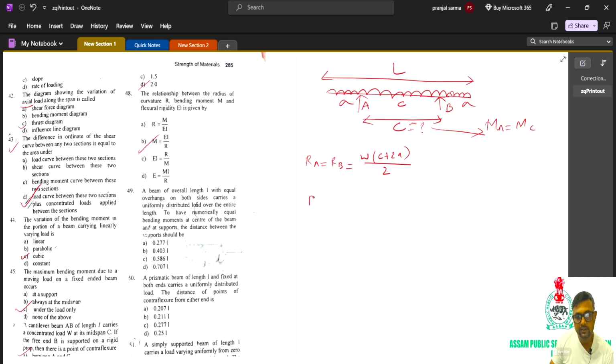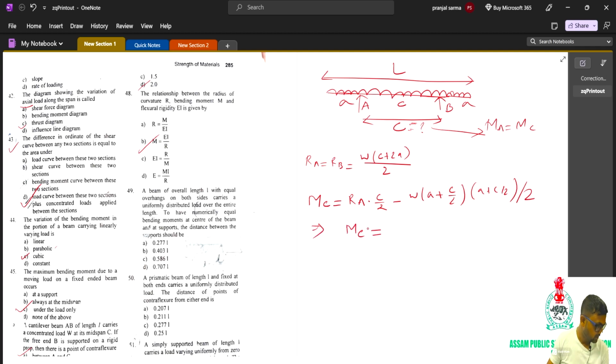Now, what is the value of MC? Moment at C: RA into C by 2 minus W into (A plus C by 2) into (A plus C by 2) by 2. Solving this, you get MC equal to W by 8 into (C square minus 4A square).